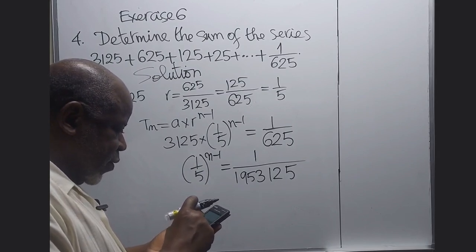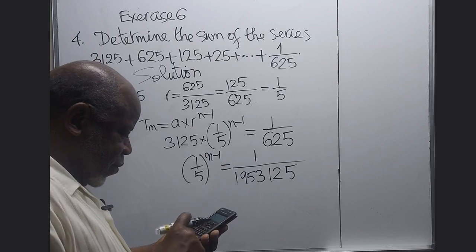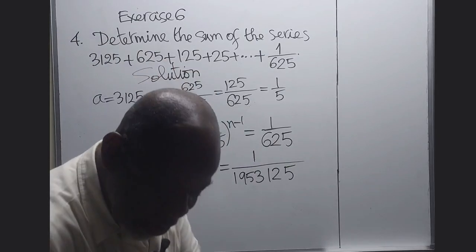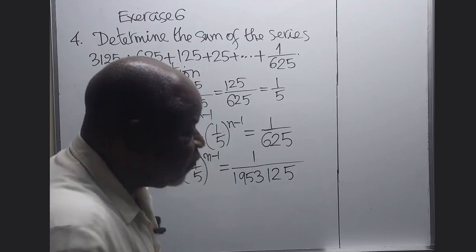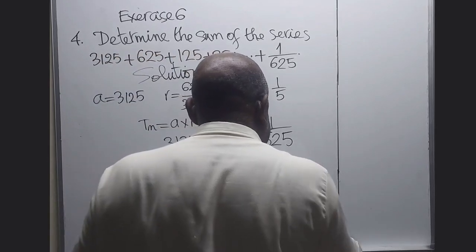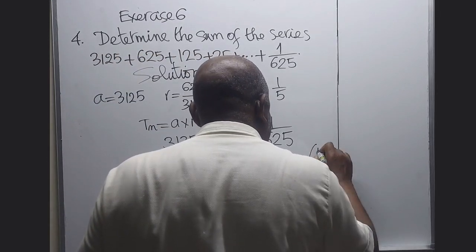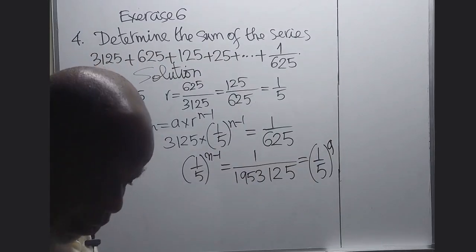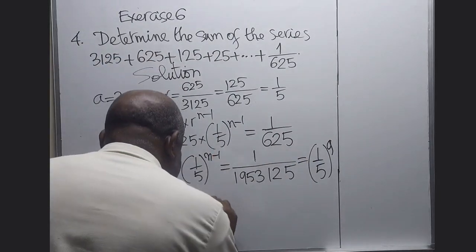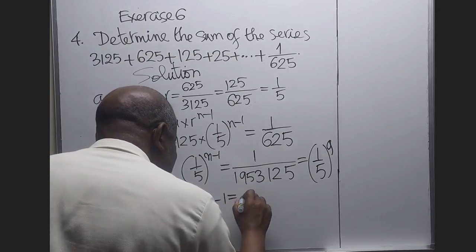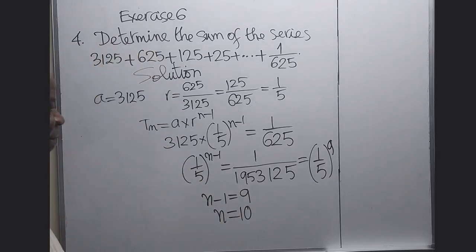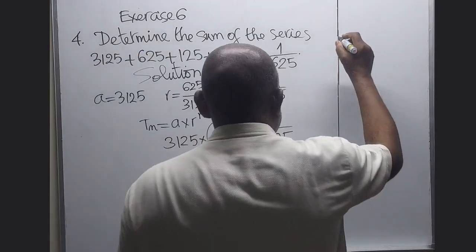This is giving me 1 over 5 to the power of 9. So, equating the exponent, I'm going to have n minus 1 is equal to 9, and n will be equal to 10.